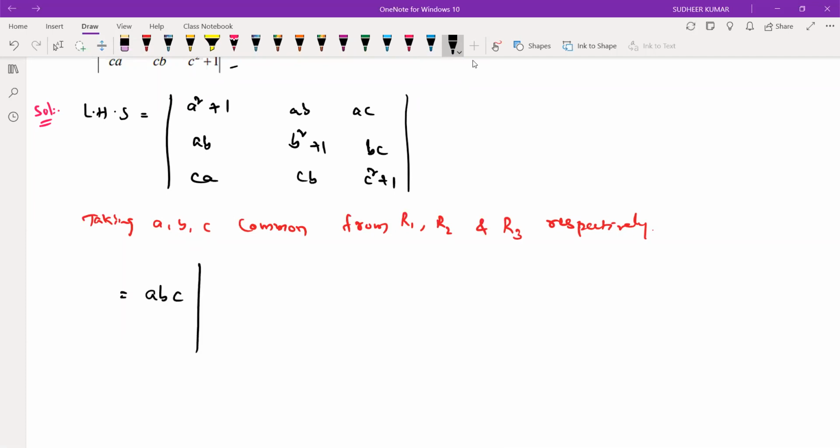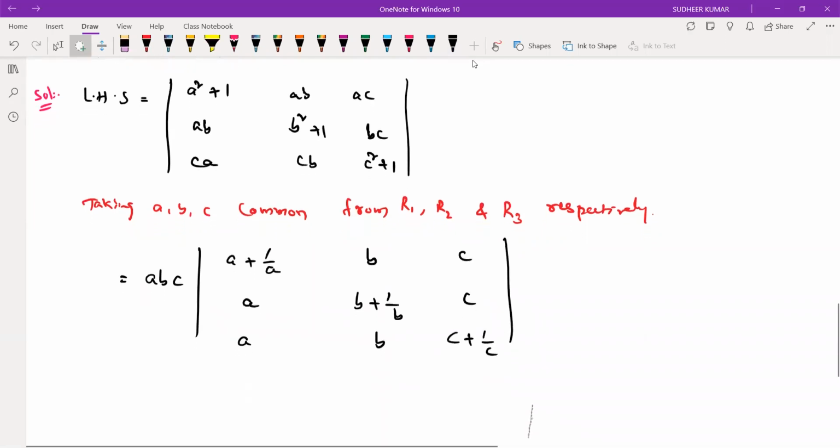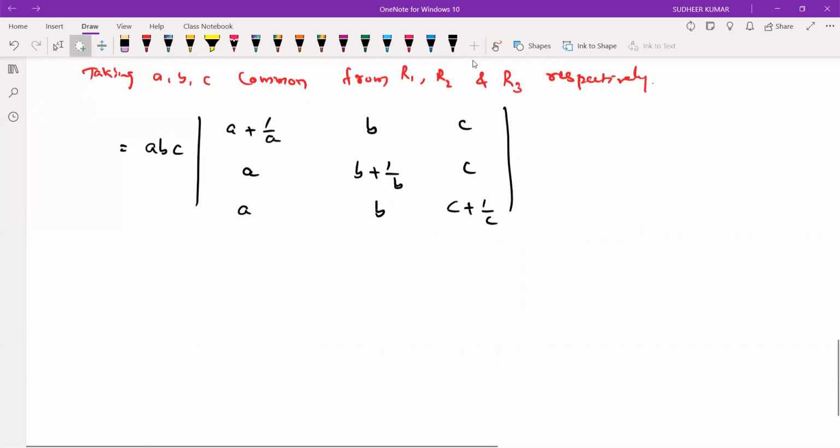Then it is a plus 1 by a, b, c. From the second row, b has been taken common, so this is a, this is b plus 1 by b, this is c. From the third row, c has been taken common, so this is a, this is b, this is c plus 1 by c.